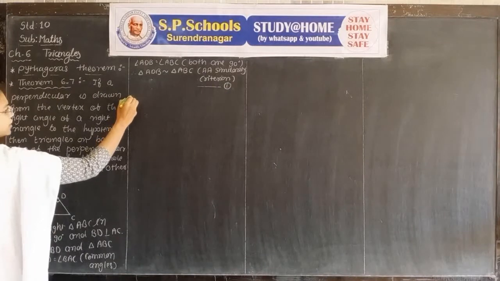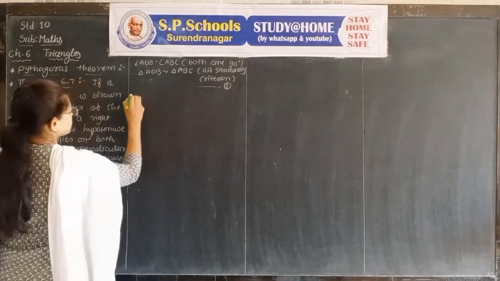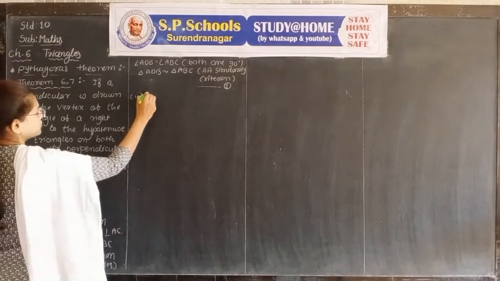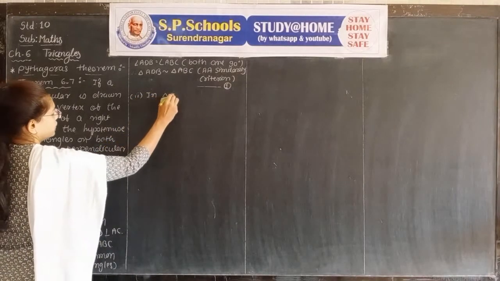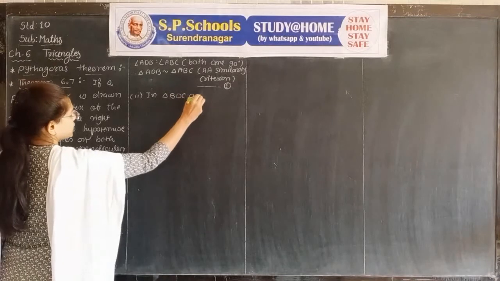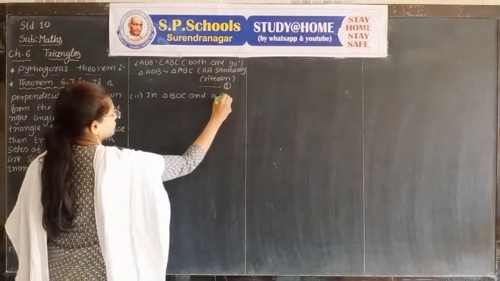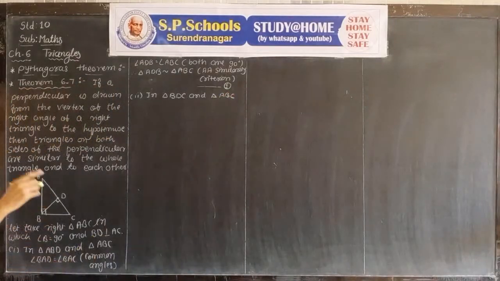Now the second thing. Second, we have to take triangle BDC and triangle ABC. The same thing is repeated here.